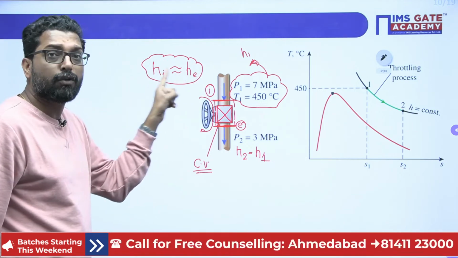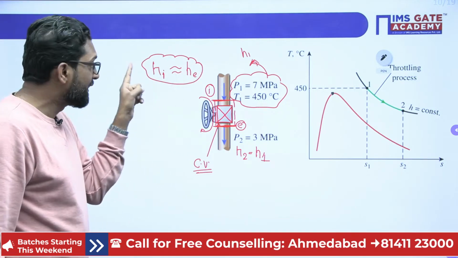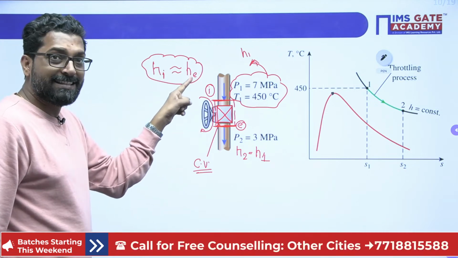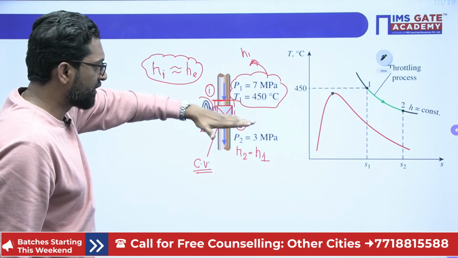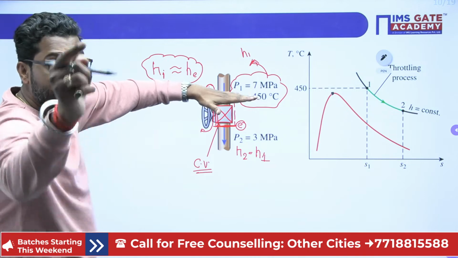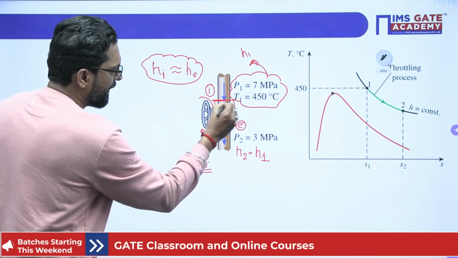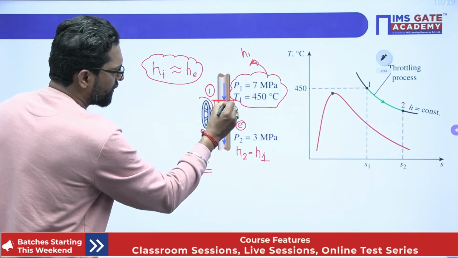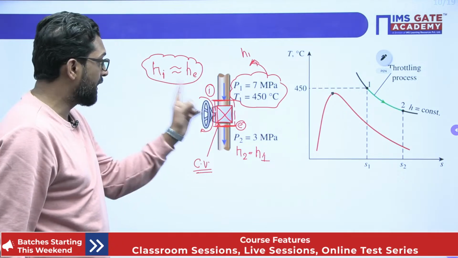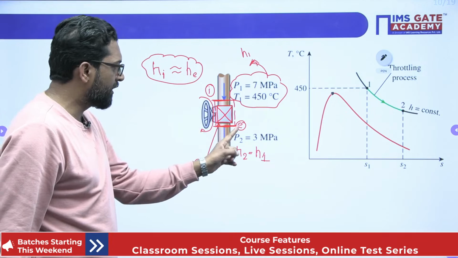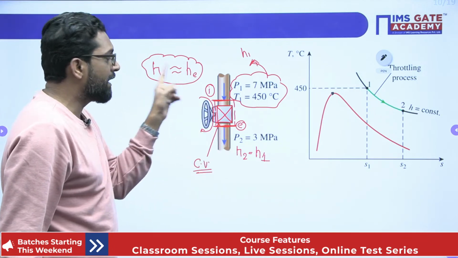Inlet and exit are cross-section areas, not state points. This is the inlet cross section and this is the exit cross section. At the cross section just at the inlet of the throttling valve, the enthalpy is the same throughout the cross section. At any location on it the enthalpy is H1, and the exit enthalpy is H2, and those enthalpies are the same.